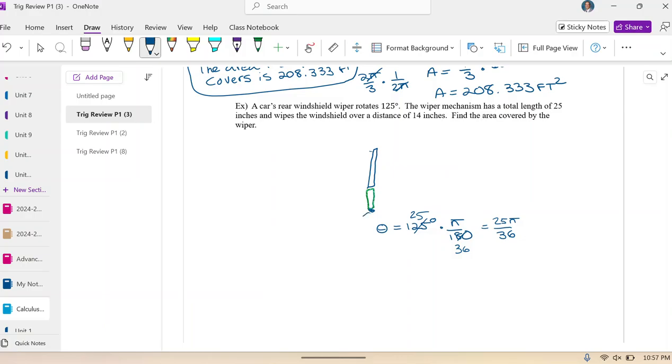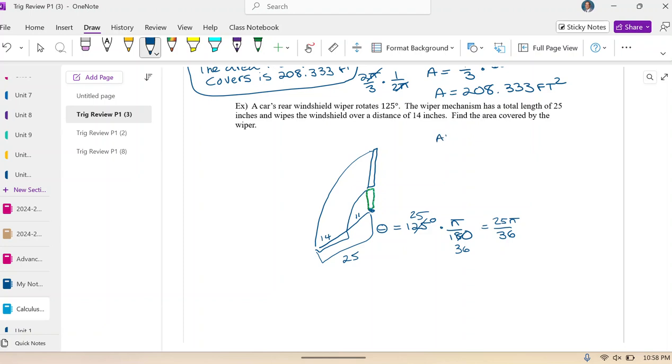So it's basically going to go around like this, and then this part will also leave something like that. What you know is that the wiper mechanism has a total length of 25, but this part is only 14, which means this part is 11.